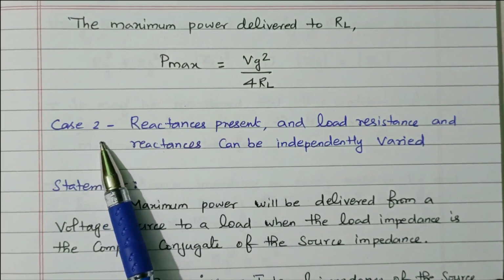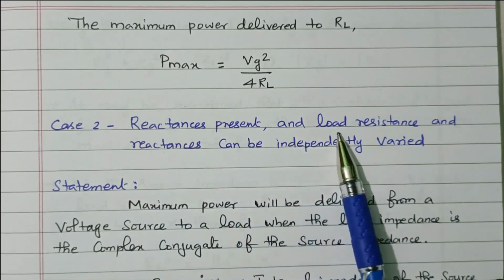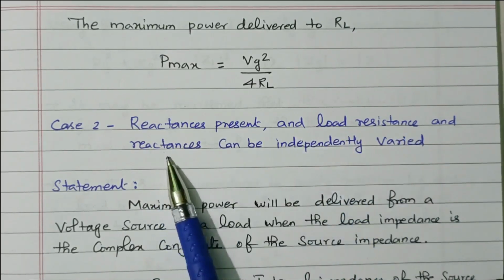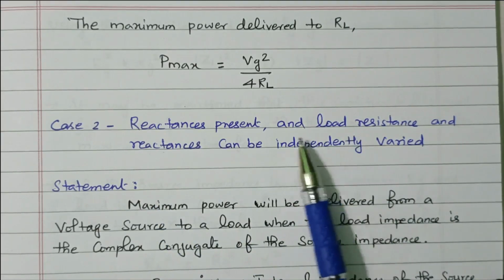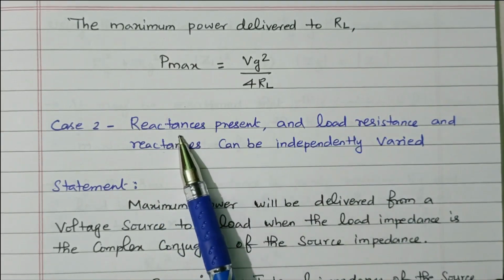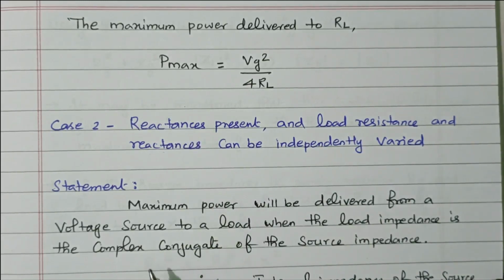So the second case, where reactance is present. Previously we had only the resistance and the load resistance, and now the reactance can be independently varied. The load contains resistance, but the circuit contains reactance. So what is the statement given?